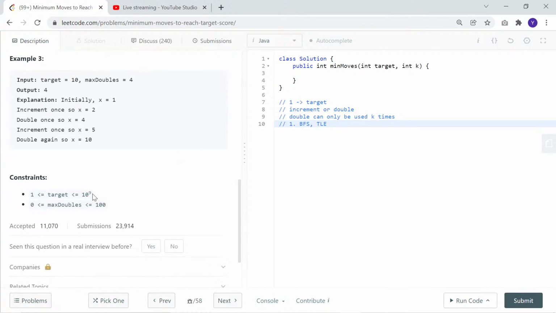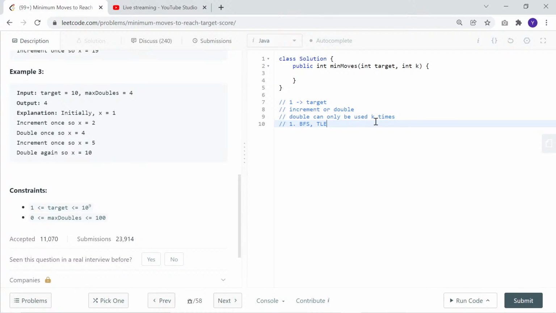Also, we can see that the target is between 1 and 10 to the power of 9. So it's possible BFS will need to have 10 to the power of 9 steps if the test case is constructed that way, so it will definitely cause TLE because LeetCode only allows around 10 to the power of 6 to 10 to the power of 7.